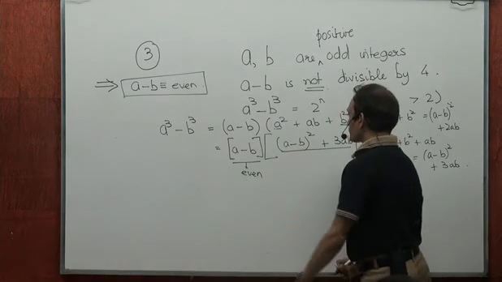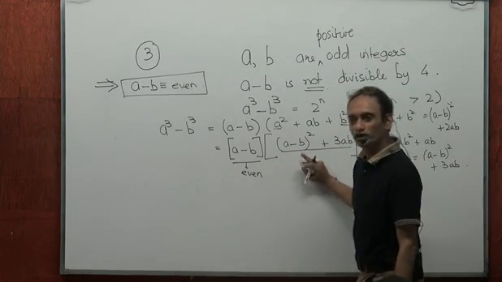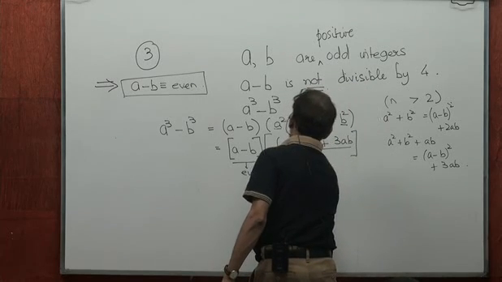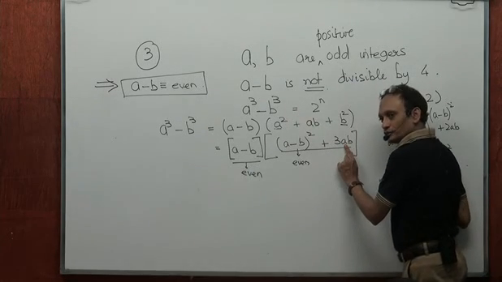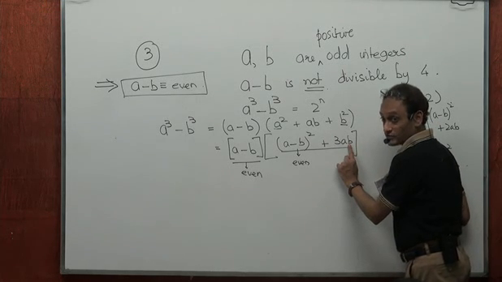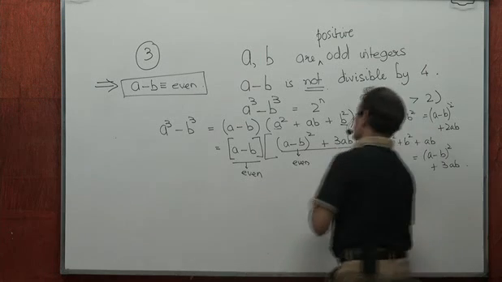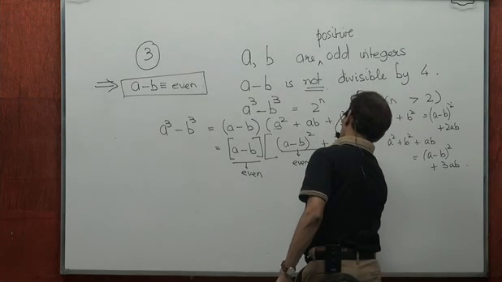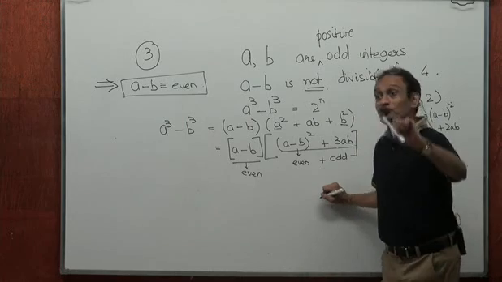A minus B is even, so (A minus B) whole squared is also even. A is odd, given. B is odd, given. 3 is odd for sure, so 3AB is odd. So even plus odd, what is that? Odd, right? Yes or no?